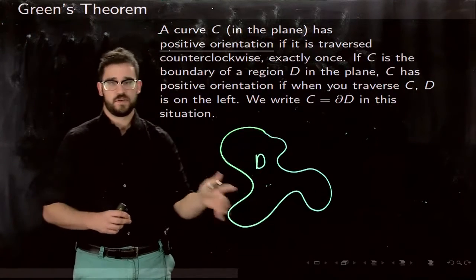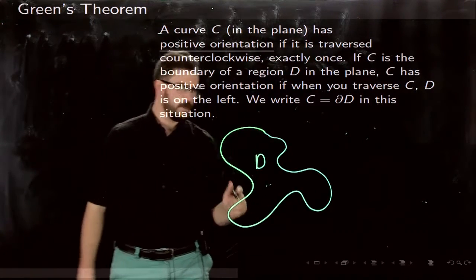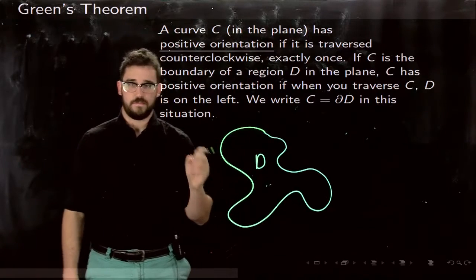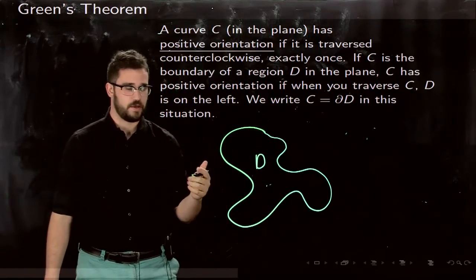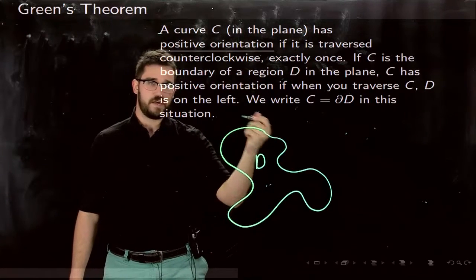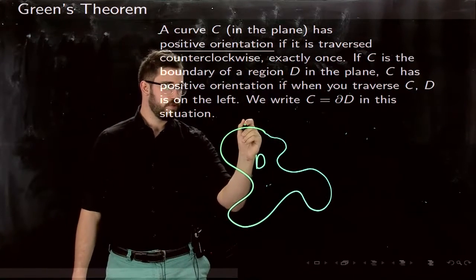So if this is our region D, how would we find the boundary? Well, clearly the boundary should be this line somehow, and we want to be going counterclockwise.